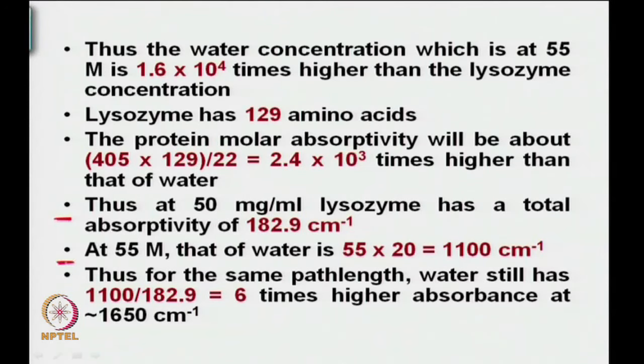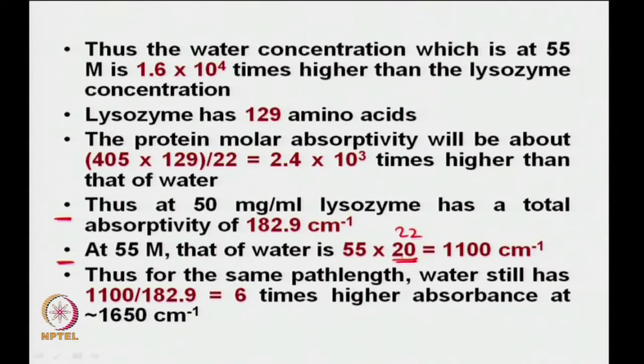That of water is 55, it should actually be 22 anyway, by mistake I have written 20, which is close to this. Now, though in the third point on the slide you had seen that the protein molar absorptivity is 2.4 times 10 to the power 3 times higher.